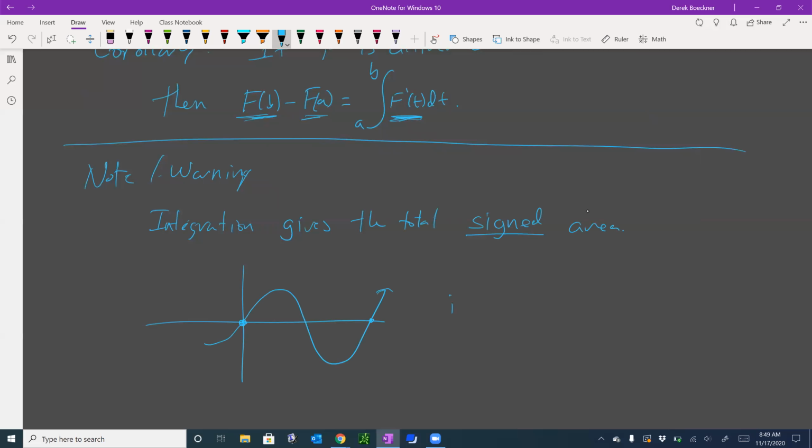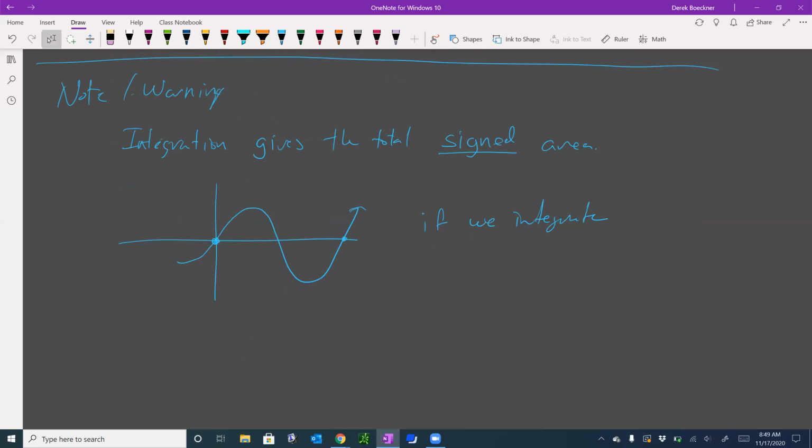I.e., if we integrate sine of t dt from 0 to 2 pi.